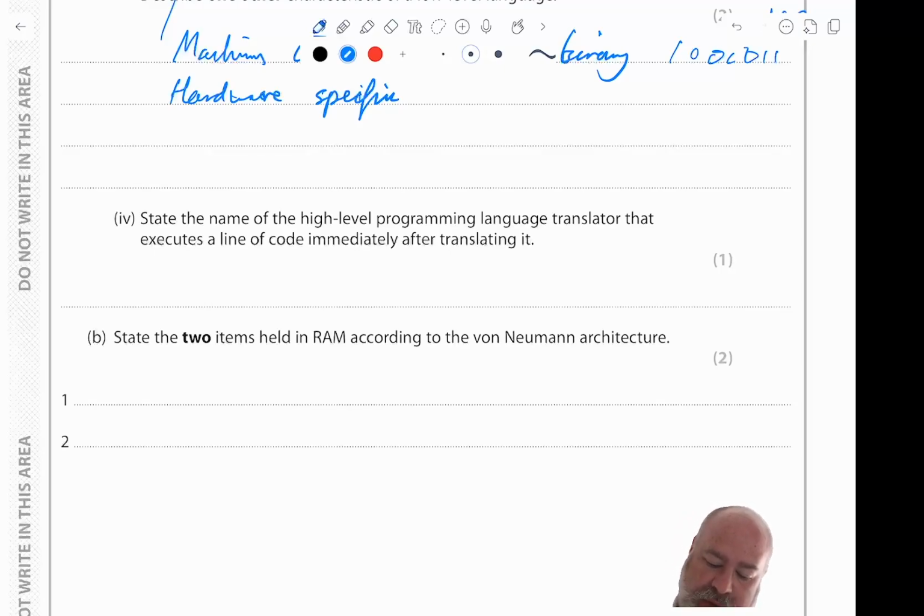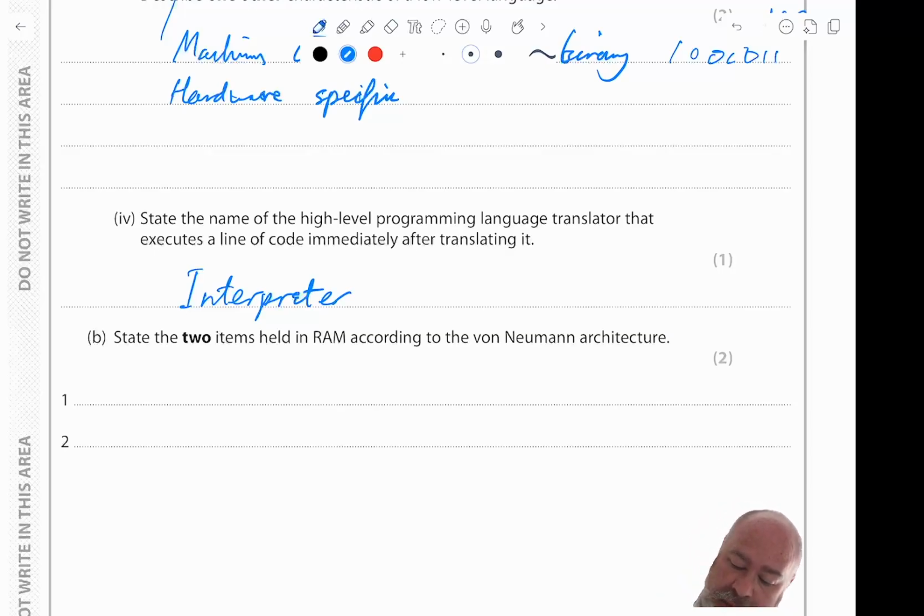State the name of the high-level programming language translator that executes a line immediately after translating. Okay, well, an interpreter. So Python is an interpreted language, whereas something like C is a compiled language.